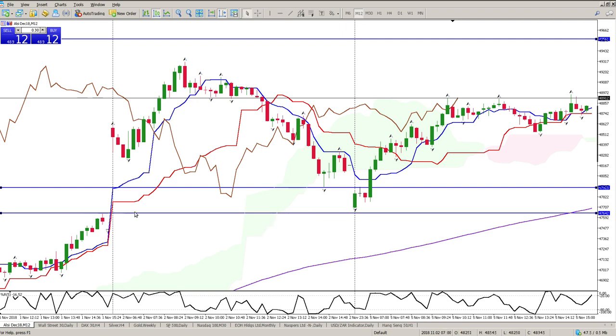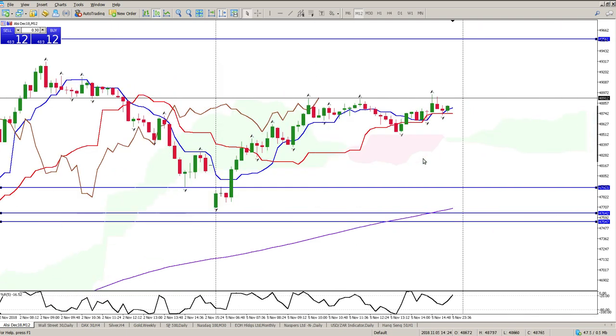I would have at least expected this level to get hit, and we didn't even get there. My orders were sitting right here on the gap close, which is sitting over there. My long orders at 47,547, and we missed that. So it's not really that important.